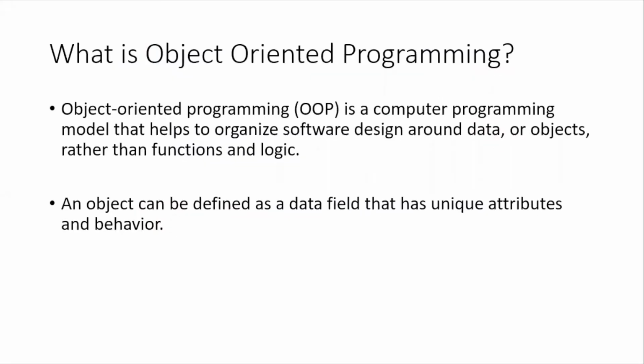Let's first start with understanding of object-oriented programming. Let's have a look at what the definition of object-oriented programming has to say. So, object-oriented programming is a computer programming model that helps to organize software design around data or objects rather than functions and logic.